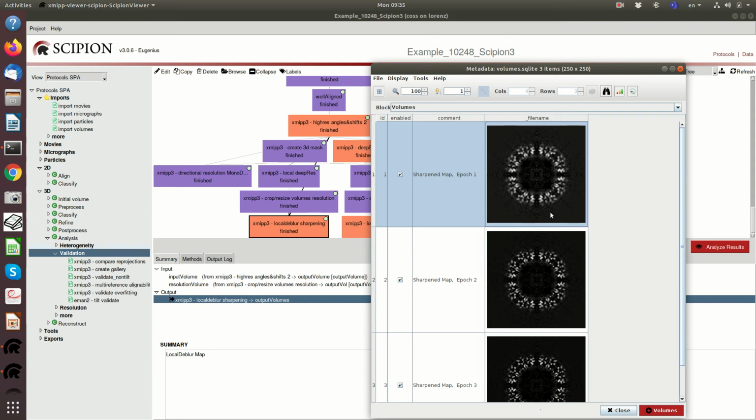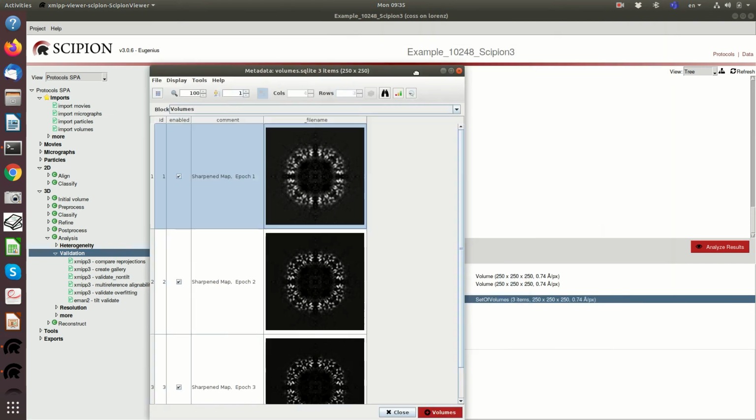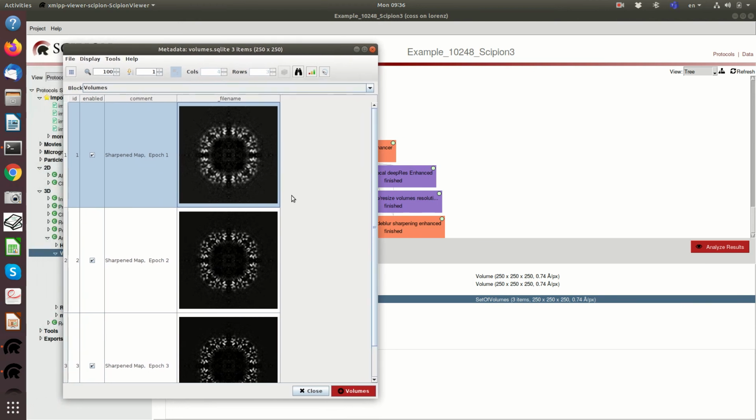The problem with this approach is that the local resolution is less and less well defined if you use monoRes in these cases. So unless you use something like deep res, you can never be too sure about what it is. Okay, so let's look at the first one.